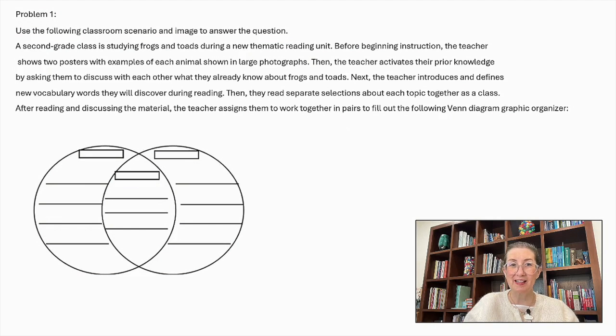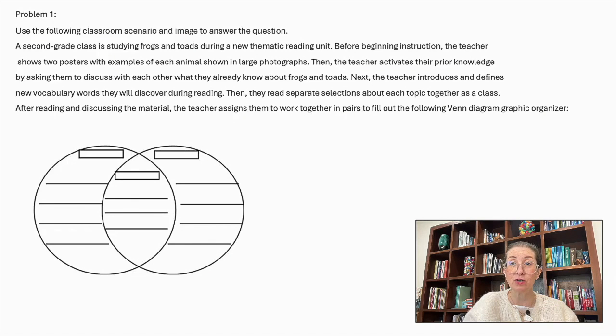Use the following classroom scenario and image to answer the question. A second grade class is studying frogs and toads during a new thematic reading unit. Before beginning instruction, the teacher shows two posters with examples of each animal shown in large photographs. Then the teacher activates their prior knowledge by asking them to discuss with each other what they already know about frogs and toads.